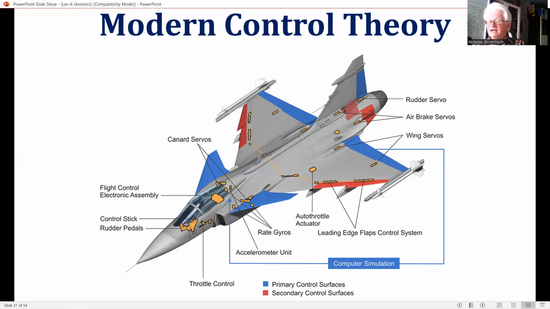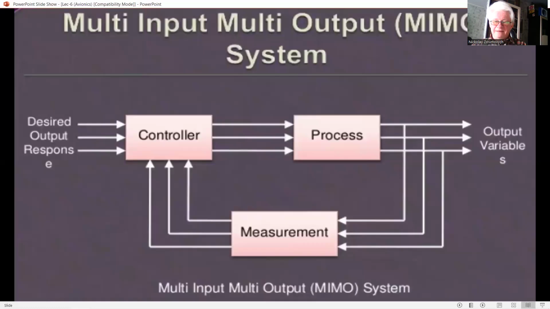The representation of the system dynamics and the control processes in the form of a matrix array of first-order equations is a key feature of what is now referred to as modern control theory.